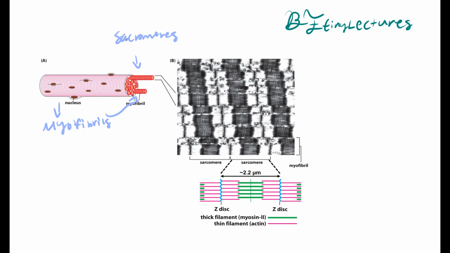So let's recap. The myofibrils make up the muscle cell, but the myofibrils themselves are made up of sarcomeres. This is the basic unit of a muscle cell, right? And these sarcomeres are actually the contractile units of muscles, right?